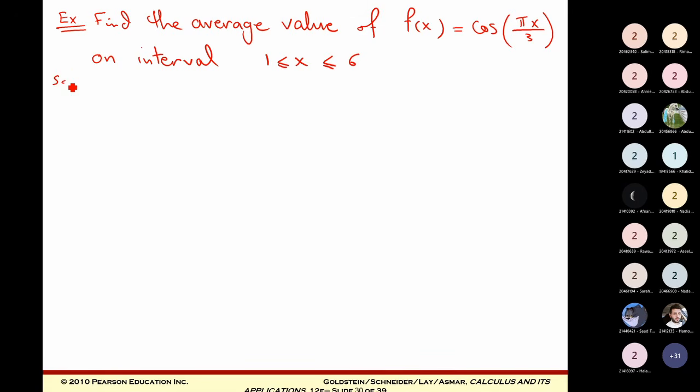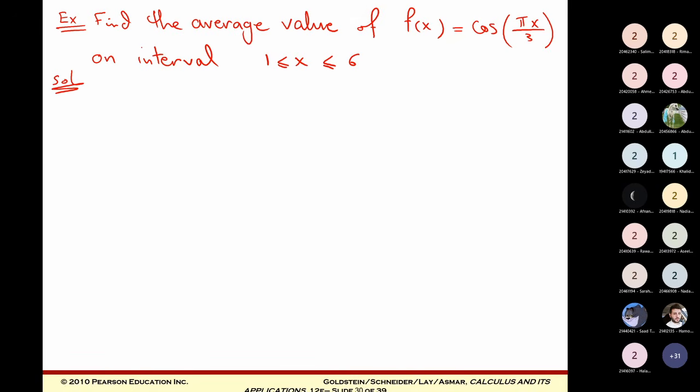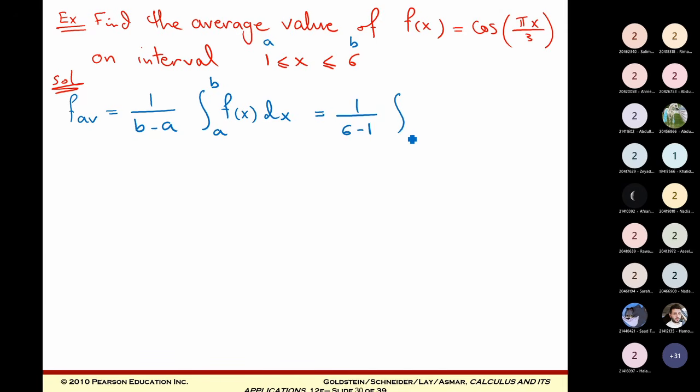Okay, now the solution. The average value AV equals 1 over b minus a multiplied by the integral from a to b of f of x dx. So this is a and this is b. So we have 1 over 6 minus 1, from 1 to 6 of cosine pi x over 3 dx.